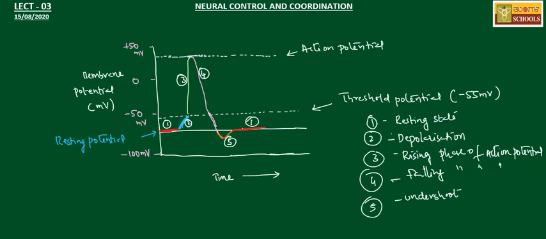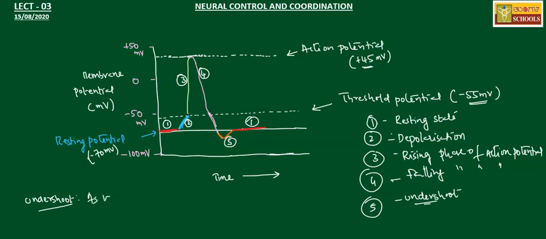Now coming to this action potential, you can take it at plus 45 millivolts. So here I mentioned the threshold potential at minus 55 millivolts, and the action potential at plus 45 millivolts. And the resting potential we'll take as minus 70 millivolts. So here I mentioned something called undershoot. What actually is it?